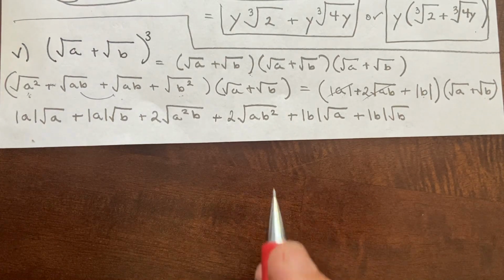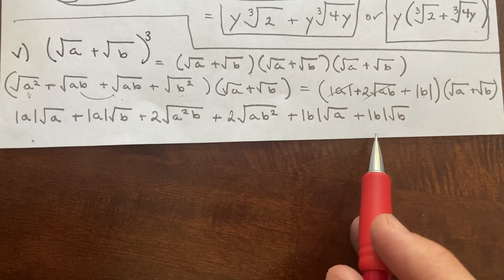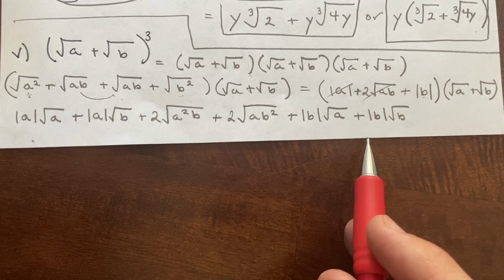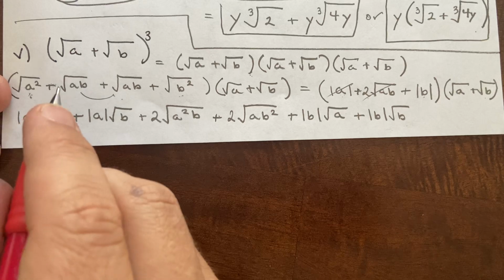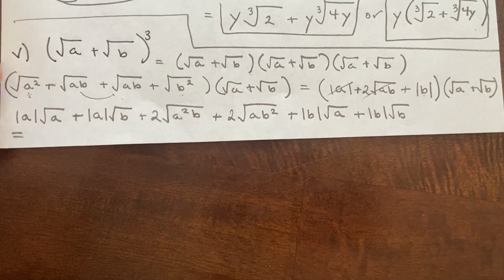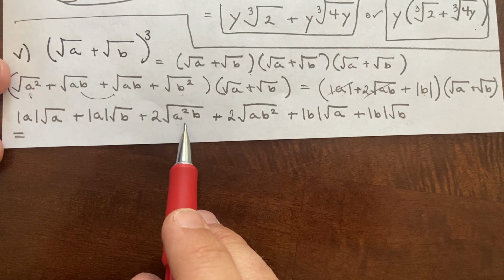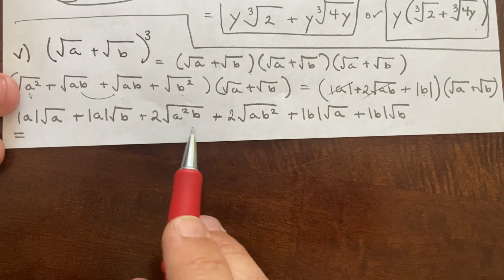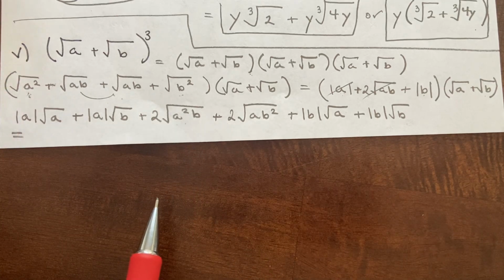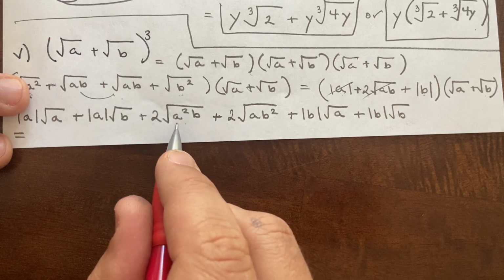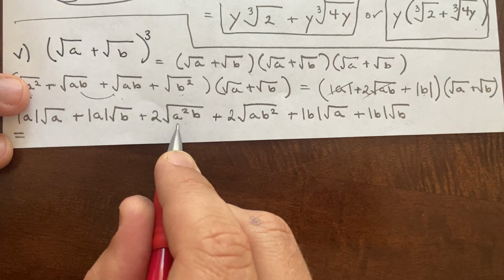Okay. Let's see, I might need another sheet of paper in a second, but we'll see. Here I have root a squared b. So what we can do is actually factor out another root a squared. So I'll have another absolute value of a here.